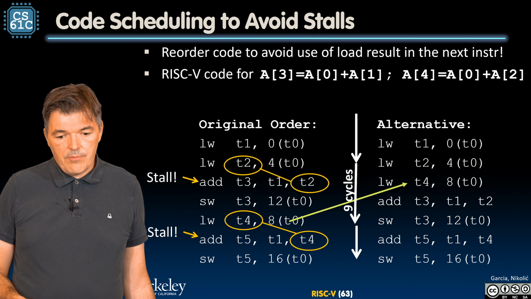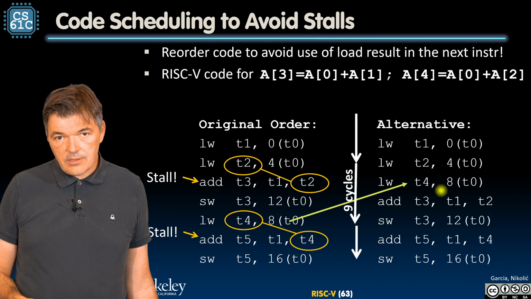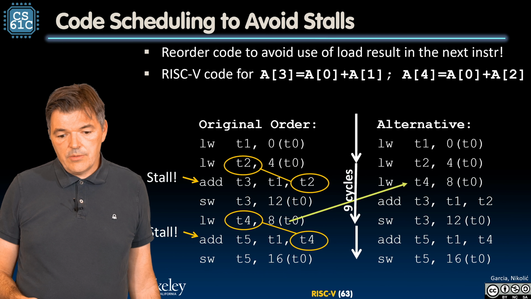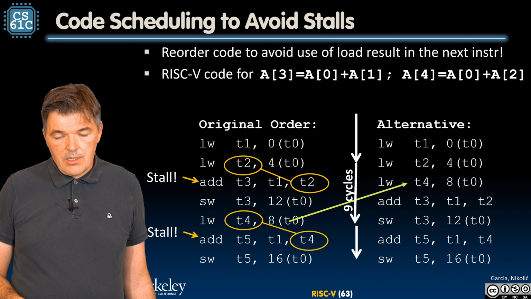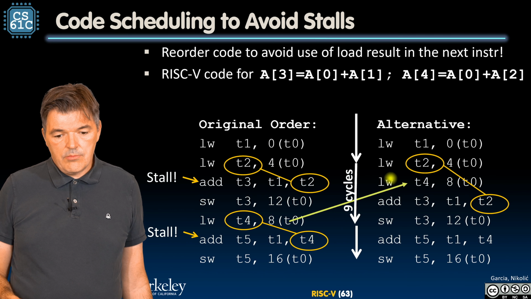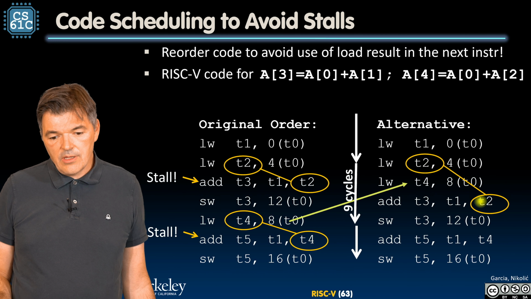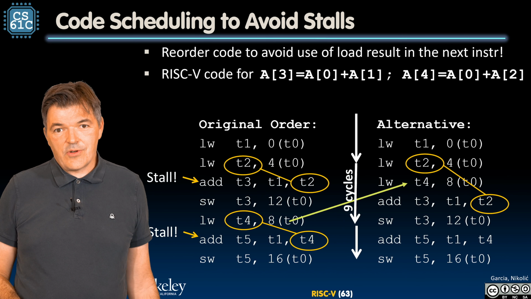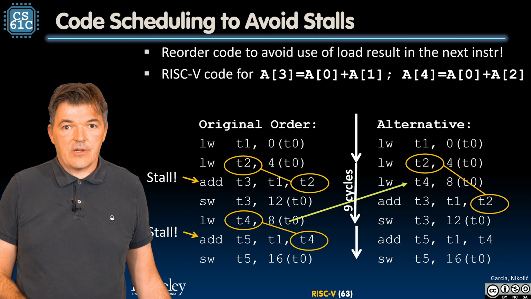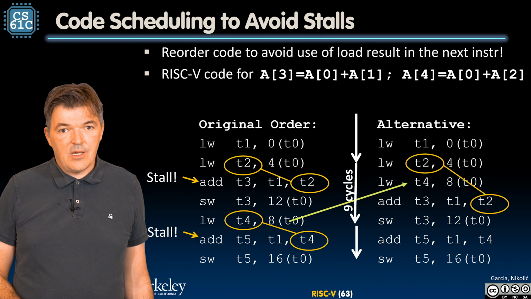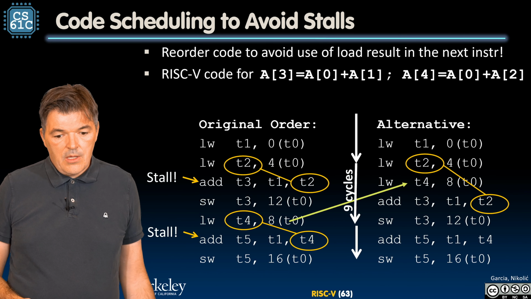So we are using the load delay slot to put another independent load. So we proceed with that. And these two, storing T2 in the register file and the consumption of the data from the register file, are now separated by one cycle, and that's plenty for our forwarding in hardware to help us avoid stalling.